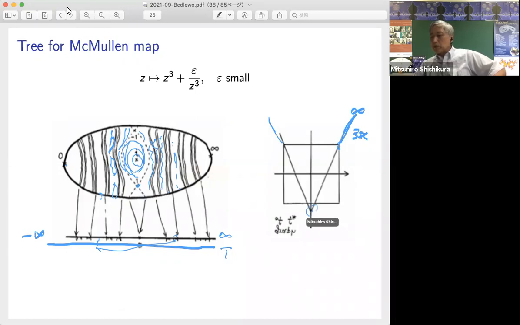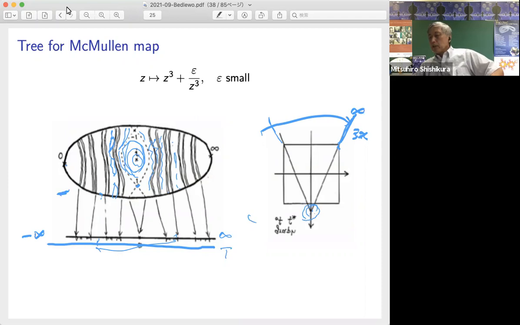This part goes to the left-hand side, and then next you go to the right-hand side and escape to infinity. And so this is like a tent map, but this tip is sticking out of the box.